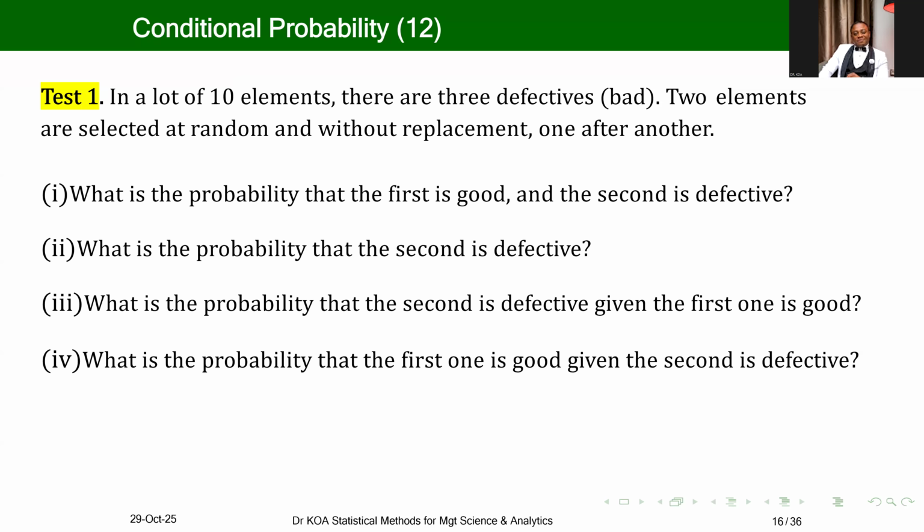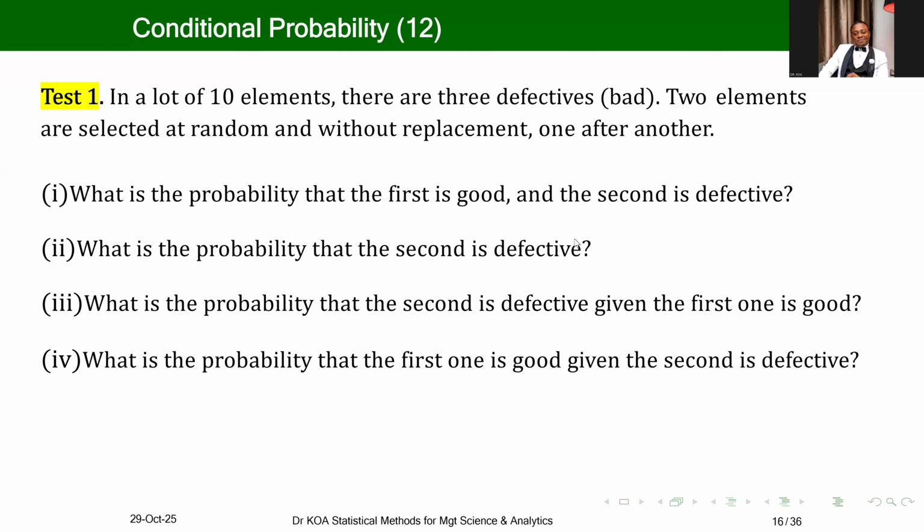So we have a good and a bad. A bad is a defective one. A good is a non-defective one. So a bad is B, a good is J, just for harmony among all of you.